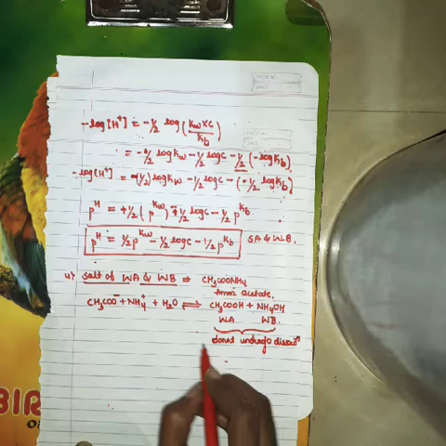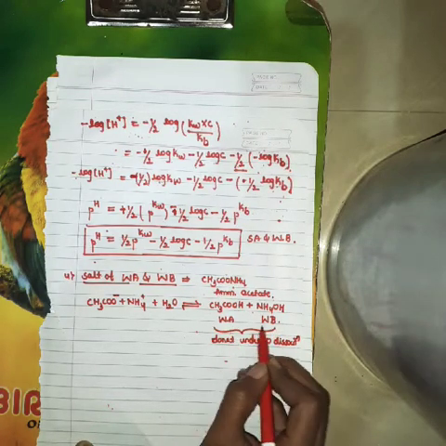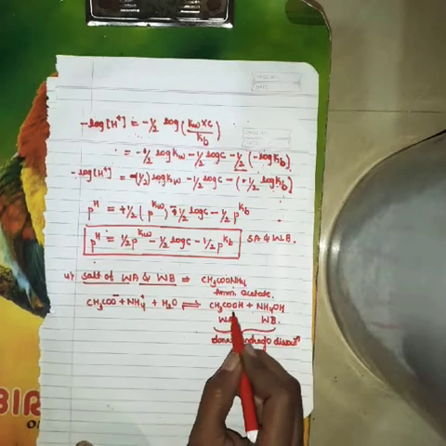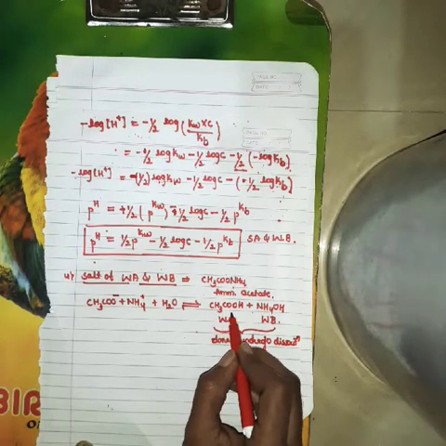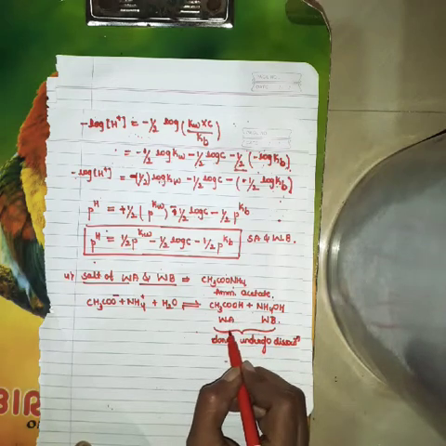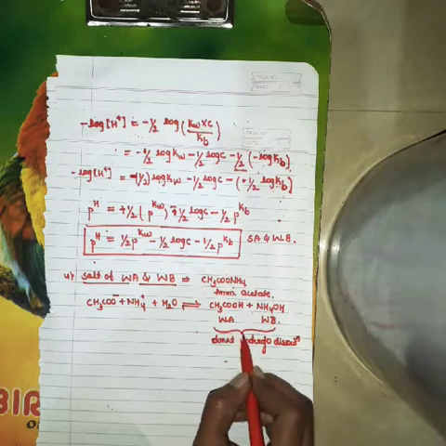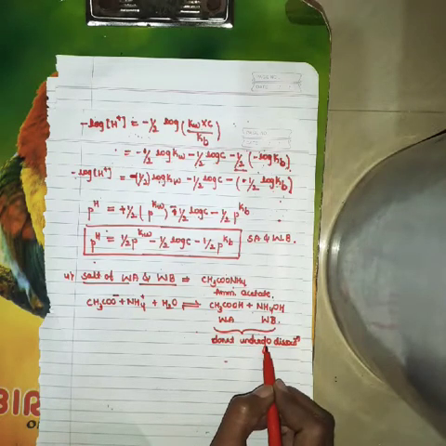That's why they are called weak acid and weak base. If they were strong acid and strong base, they would form ions like H plus and CH3COO minus. If they do not undergo dissociation, they are called weak acid and weak base.